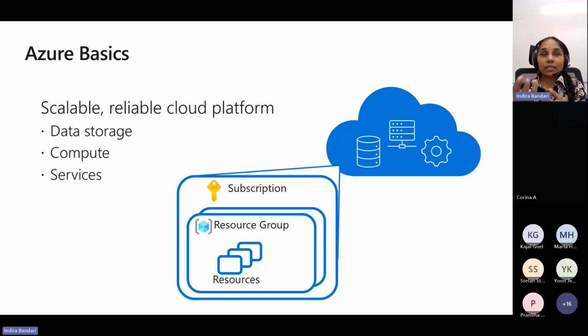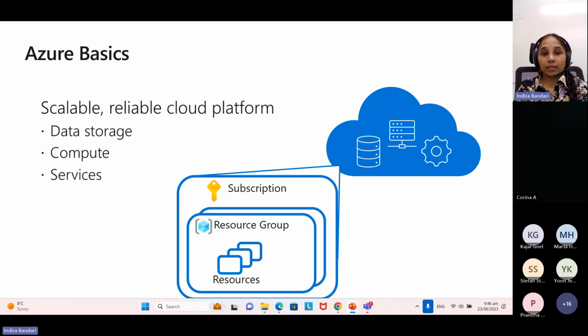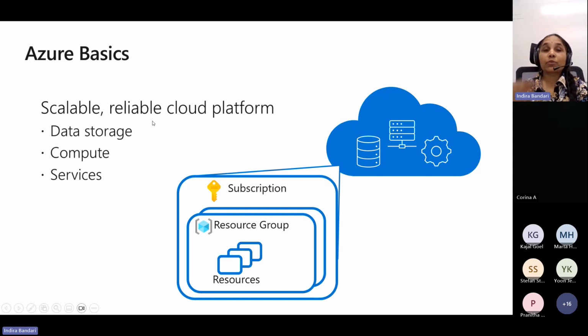When you build a machine learning model, you use the data storage, but when you run the code, that's when compute is used. In the cloud platform, data storage and compute are separate, so you need to use compute. In Azure Machine Learning we will create a compute as well so that you can run it.